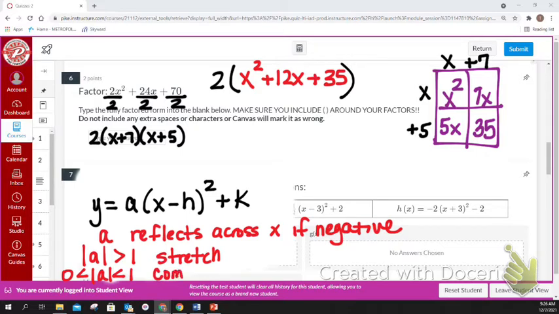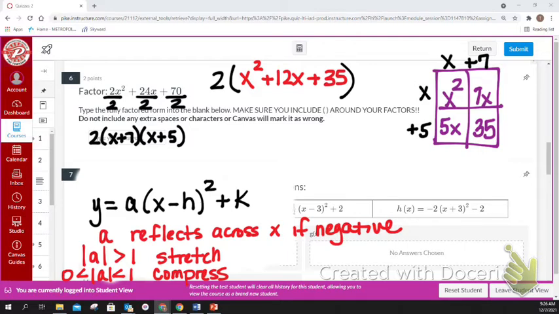So you ignore the fact that it's negative when you're looking at stretch and compress. You just look at the actual number. And if it's negative 0.2, it would reflect and compress. If it's negative 2, it's going to reflect and stretch.